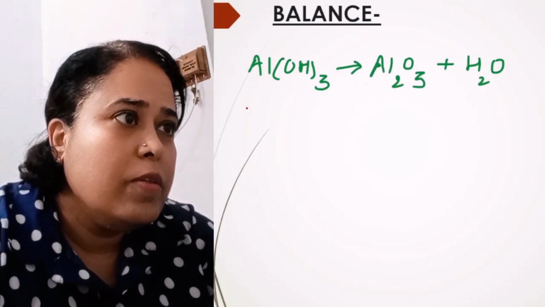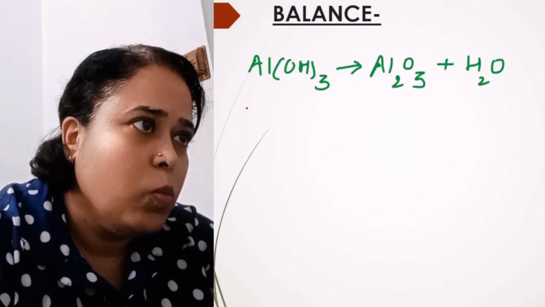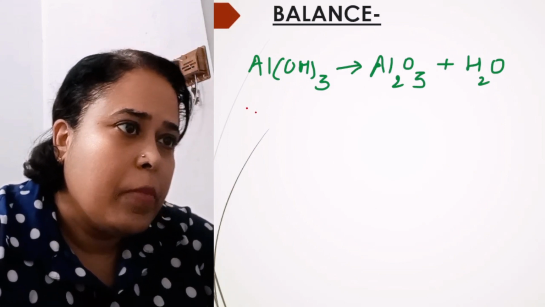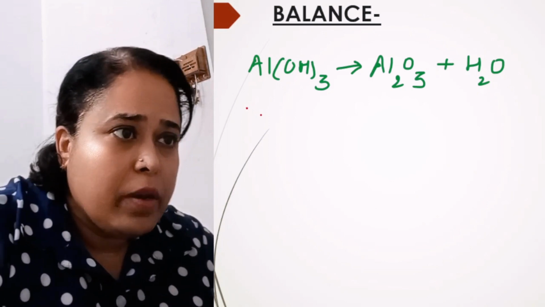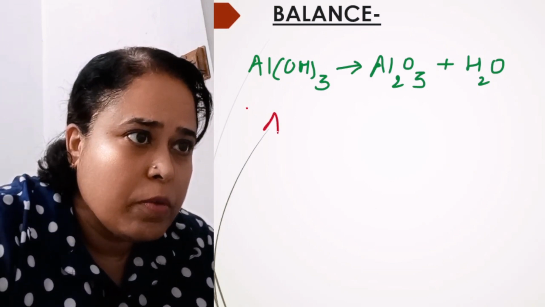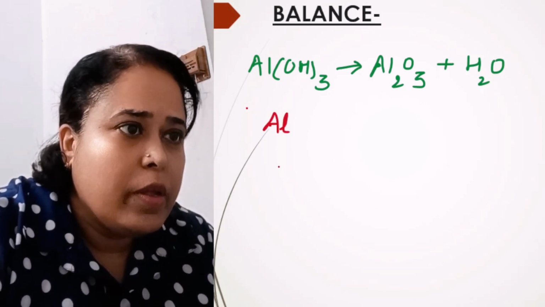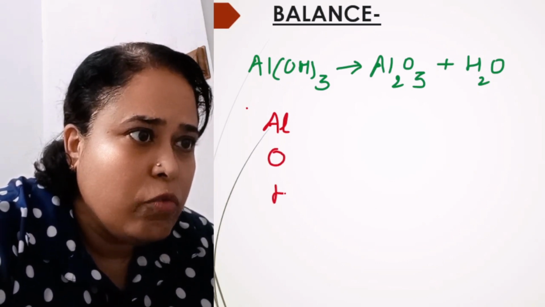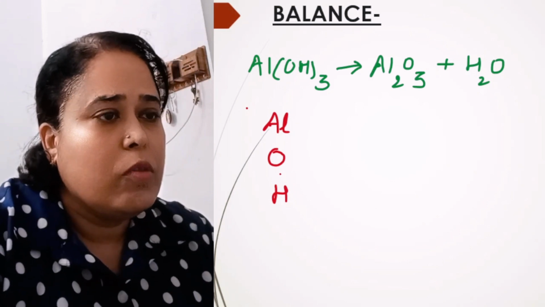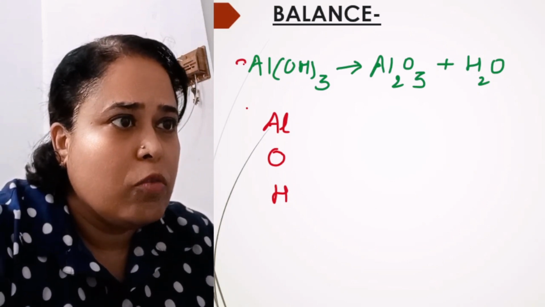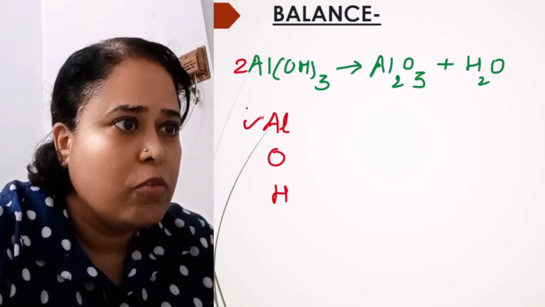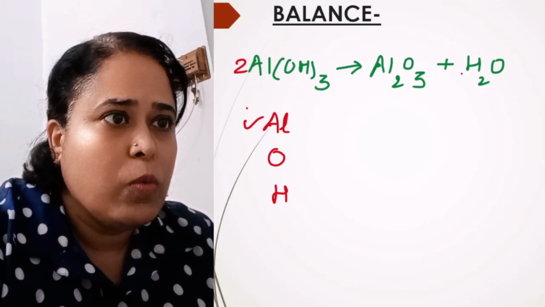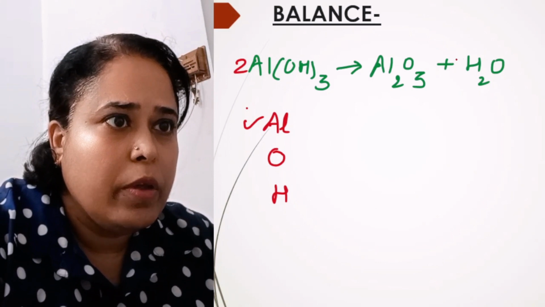Let's balance this chemical equation now. Aluminium is a metal, comes first. Then comes oxygen. Then comes hydrogen. So aluminium is not balanced. Balance it. Oxygen 6, so make it 3 here.